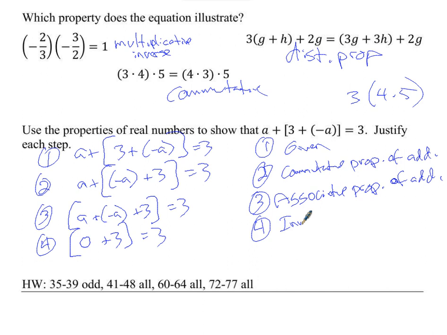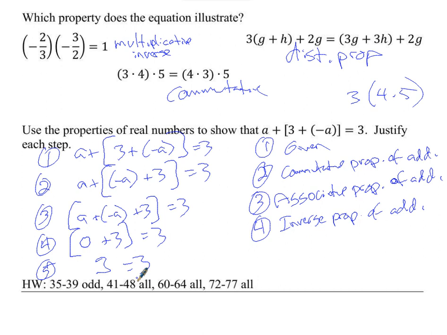Very good. Notice I did write that 0, okay? Because now I have to show this right here. What is this? 0 plus 3 is 3. So now I have step 5, 3 equals 3, which is what we were looking for, right?